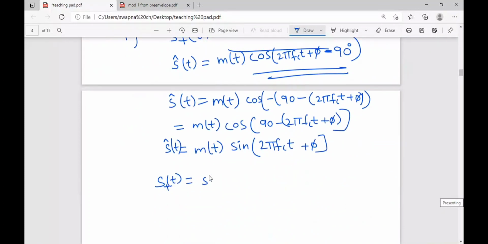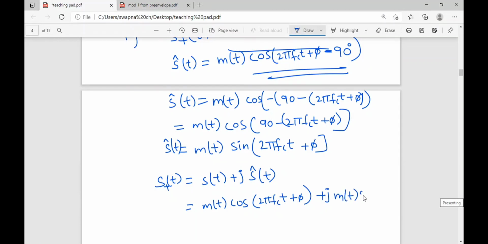So it's nothing but S of t plus j S tilde of t, which is nothing but the signal given, m of t cos 2 pi fct plus phi, plus j into S tilde of t, which is nothing but m of t sin 2 pi fct plus phi.